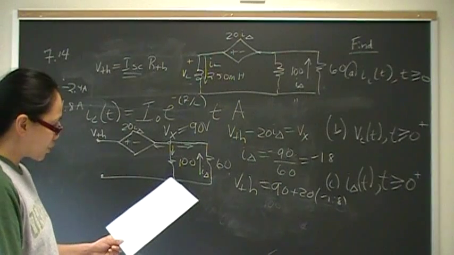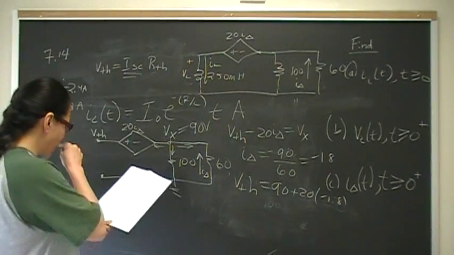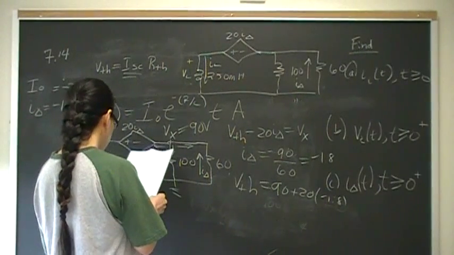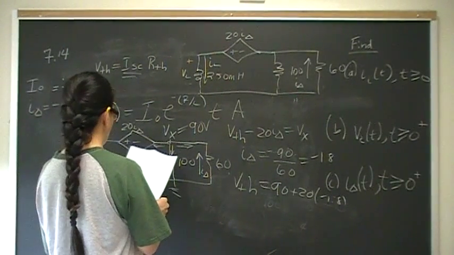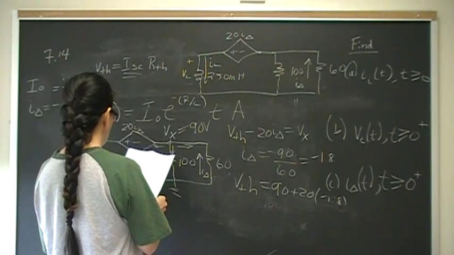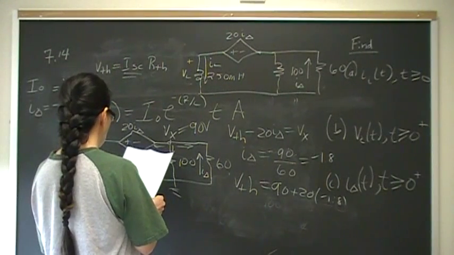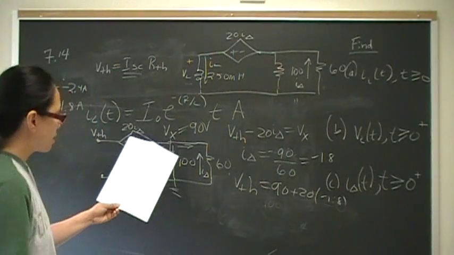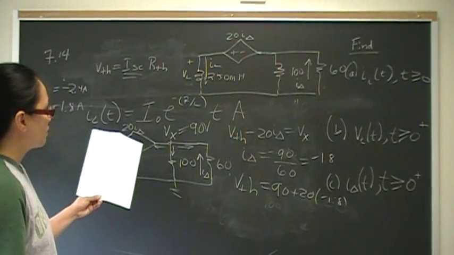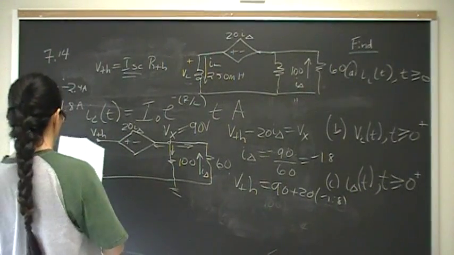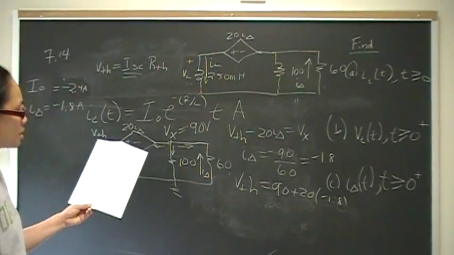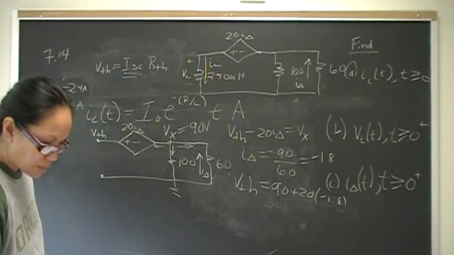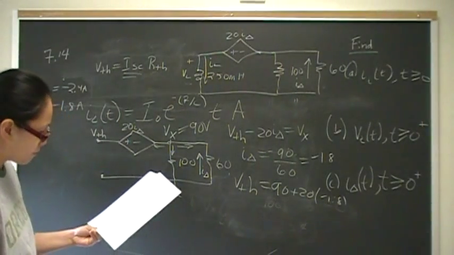Vx minus 30. Hang on, you guys, I have a mistake somewhere for finding V Thevenin. Okay, so 20 times I delta, 20 times 1.8.